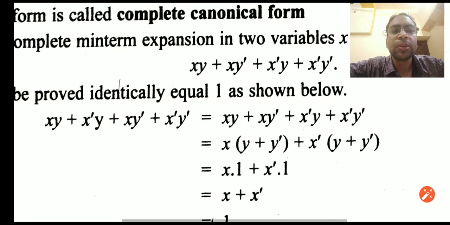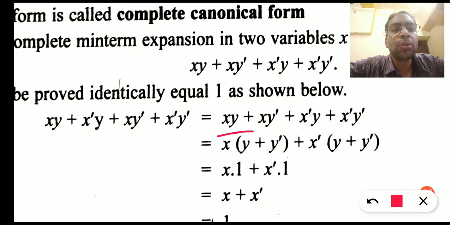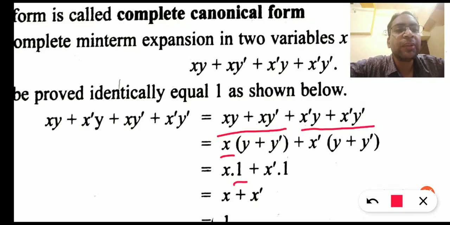To reduce it, we will be using the laws of Boolean algebra. For example, let's take the first two terms. We have taken x as common. Now y plus y bar, obviously we know by the law of complement that y plus y bar is equal to 1. Similarly, on the second side, we can take x bar as common, and by the complement law, y plus y bar will become 1.